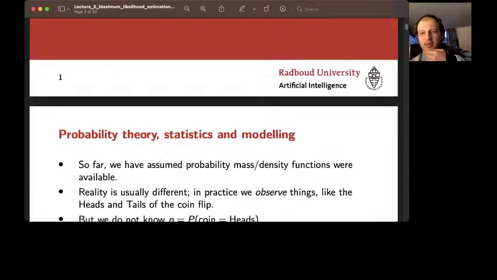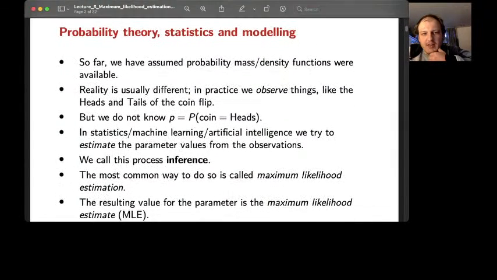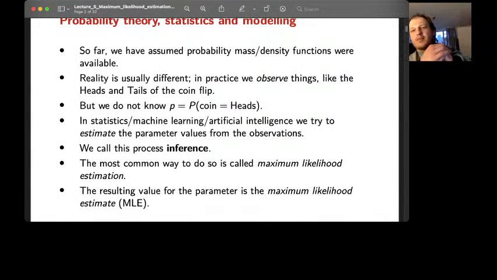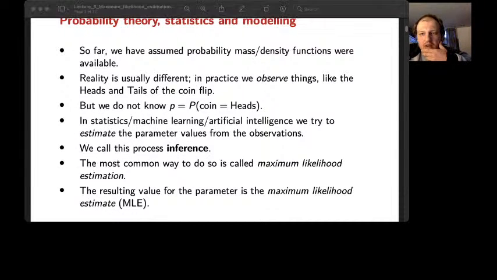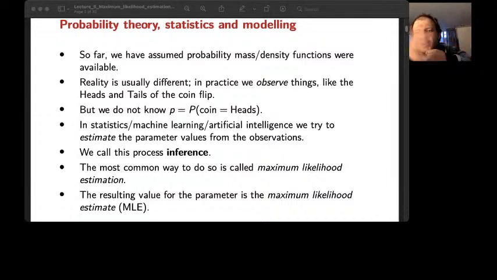So the basic idea in maximum likelihood is that you observe things, you collect your data samples, and then you want to estimate some parameter that actually describes your data. So in the homework, we had something like student height.